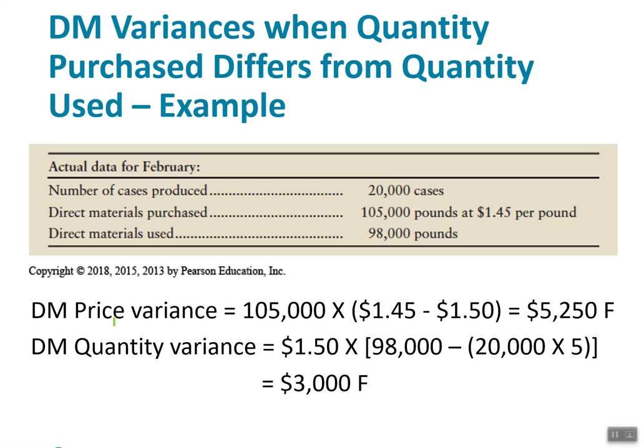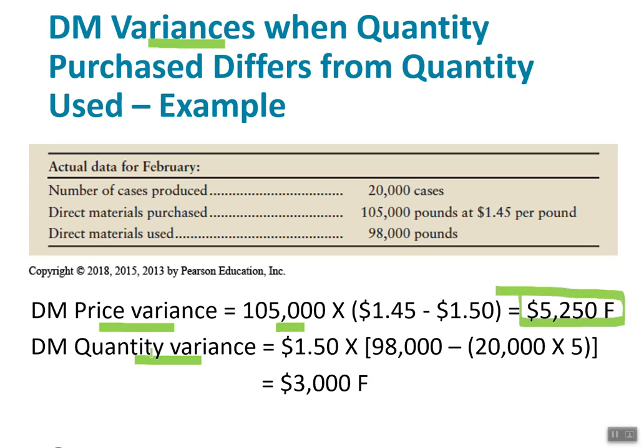Okay, so we typically look at these together. And this is going to be the direct material quantity variances. You can see that this is the formula I was talking about: the actual quantity times the difference between the actual price and the standard price.